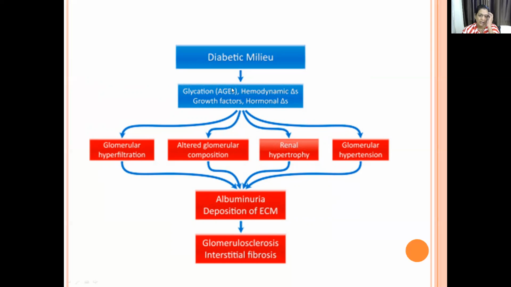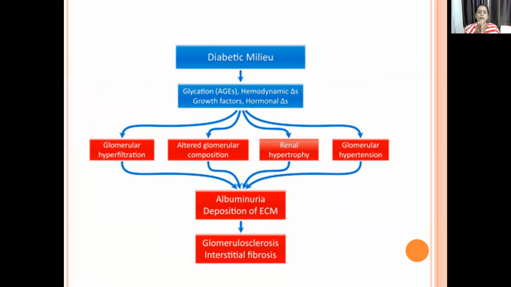So the pathogenesis of diabetic nephropathy is the accumulation of advanced glycosylation end products, which are formed as a result of glucose binding to the amino acids present on the tissue proteins.